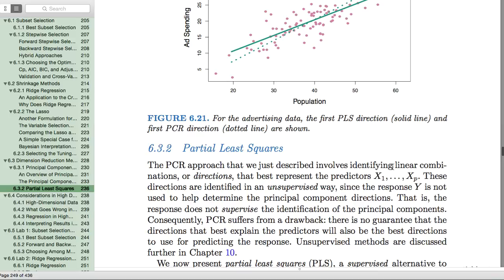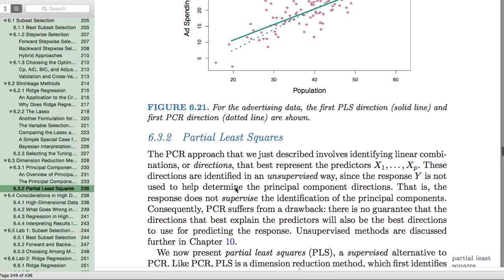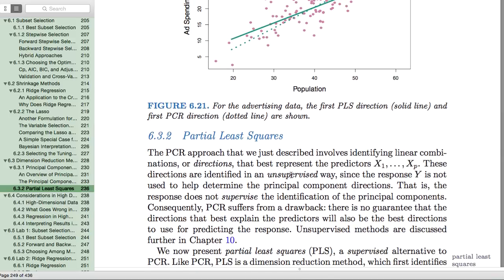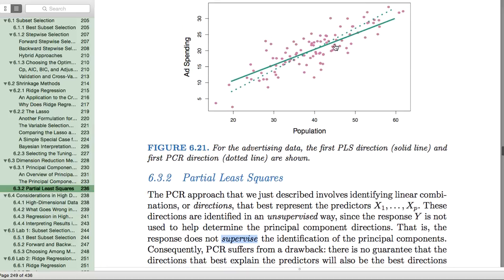So it identifies linear combinations of dimensions, but it is supervised. In contrast to principal components, this method is supervised, in the sense that we are looking explicitly not for greatest variability, but explicitly for the least squares line.